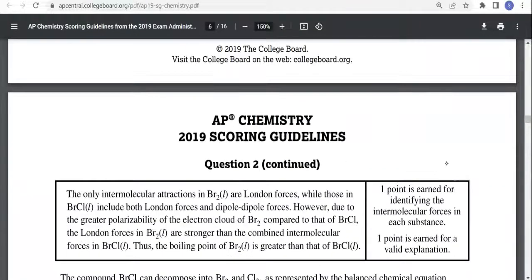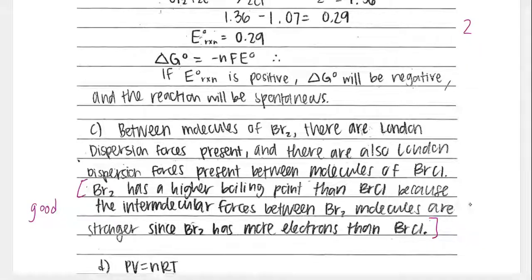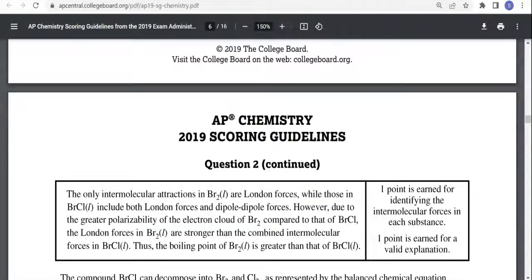The answer key does specifically say 1 point is earned for identifying the intermolecular forces in each substance. And they did mention there are London dispersion forces present between molecules of BrCl, but they didn't mention the dipole-dipole forces. So I'm only going to give the student 1 out of 2 points for this. That's the only thing they were missing, but I think it's a big enough thing to cause them to lose a point. Okay.